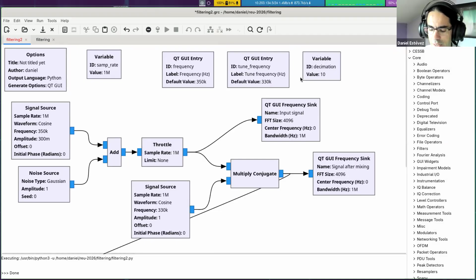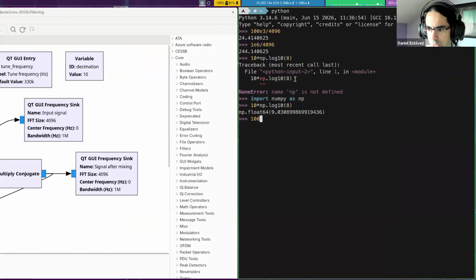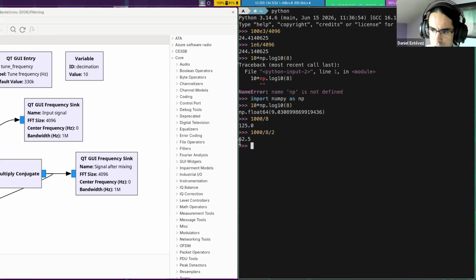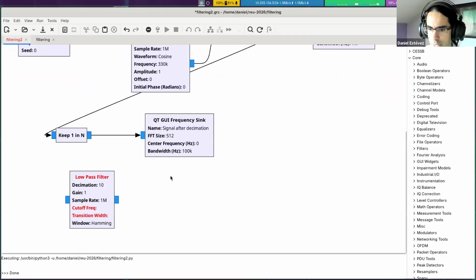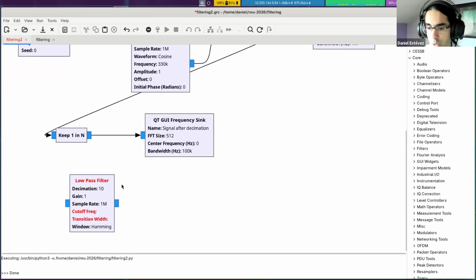If we set 8 here, that will change. 1,000 divided by 8 is 125, and if I divide it by 2, it would be from minus 62.5 to plus 62.5, and I'm surely going to confuse myself with this number, so I prefer to decimate by 10. That makes the numbers simpler to speak out loud. That's the only reason to decimate by 10 here.